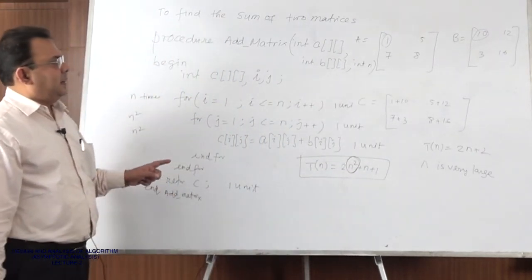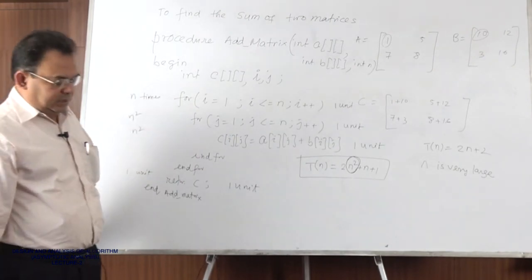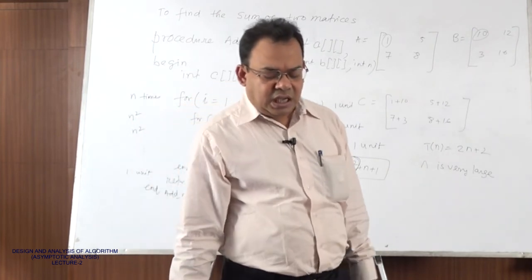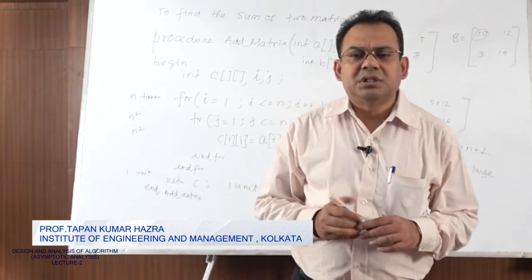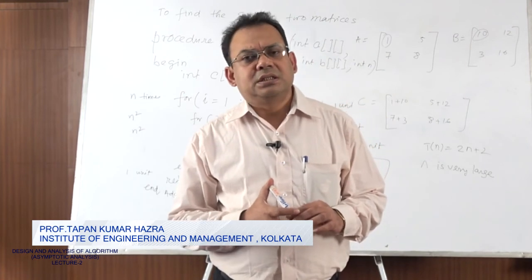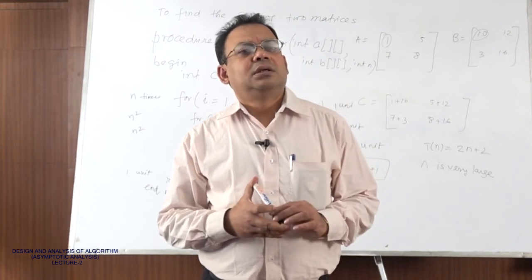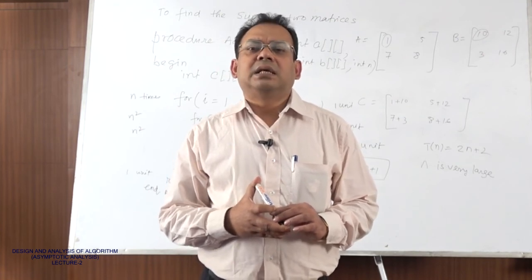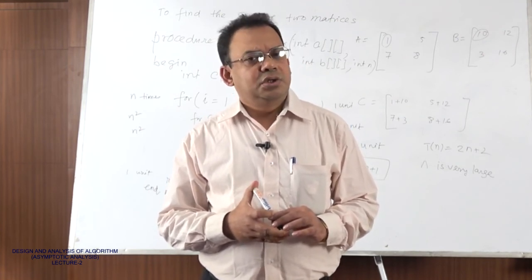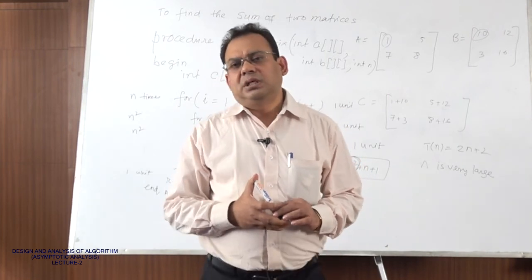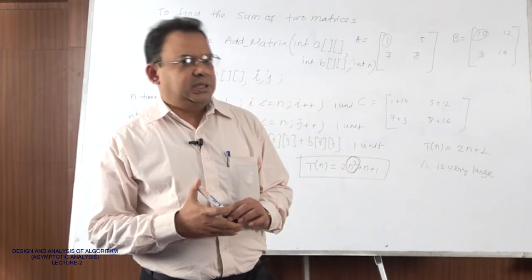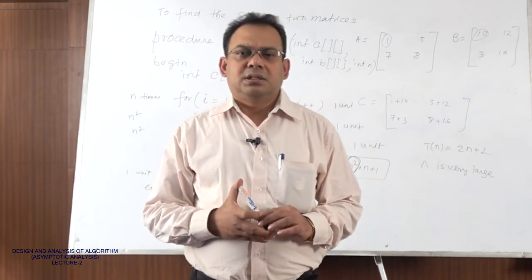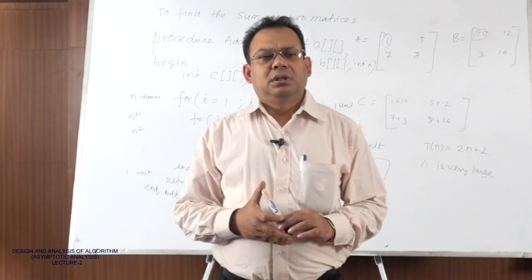Now let us formally define the different asymptotic notations. Before that, I will take a couple of minutes to discuss the constructs required for analyzing any structured algorithm, because any structured algorithm is based on 4 constructs: sequence, selection, iteration and function call.